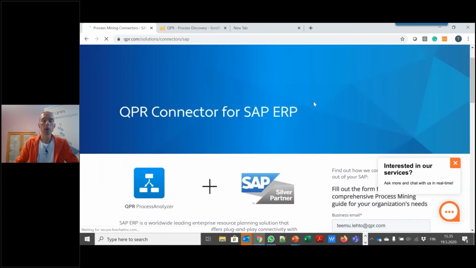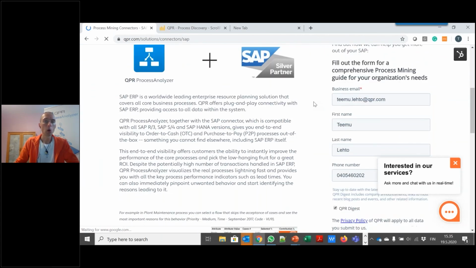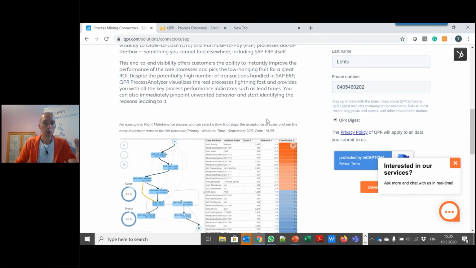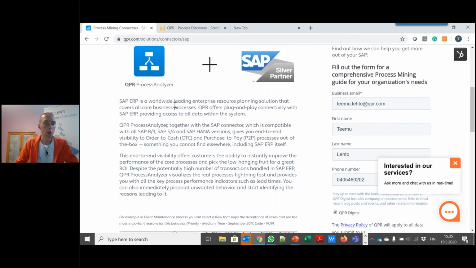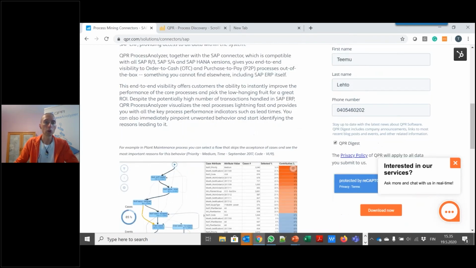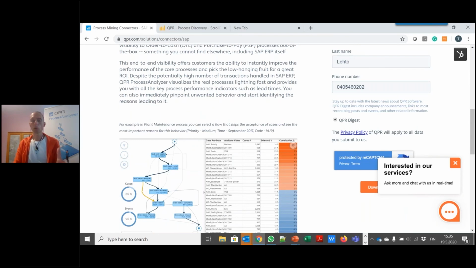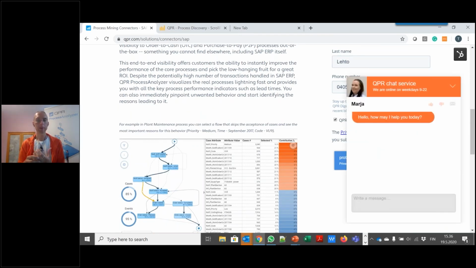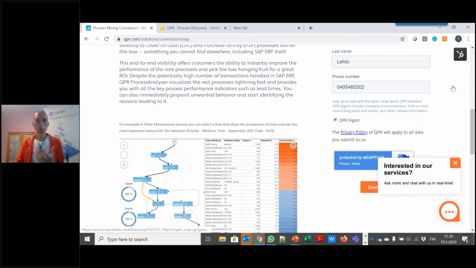So the connector for SAP automatically connects to your SAP, whether it's R3 or HANA, and it automatically extracts those tables that contain relevant data for process mining for that analysis, and for example for the P2P.